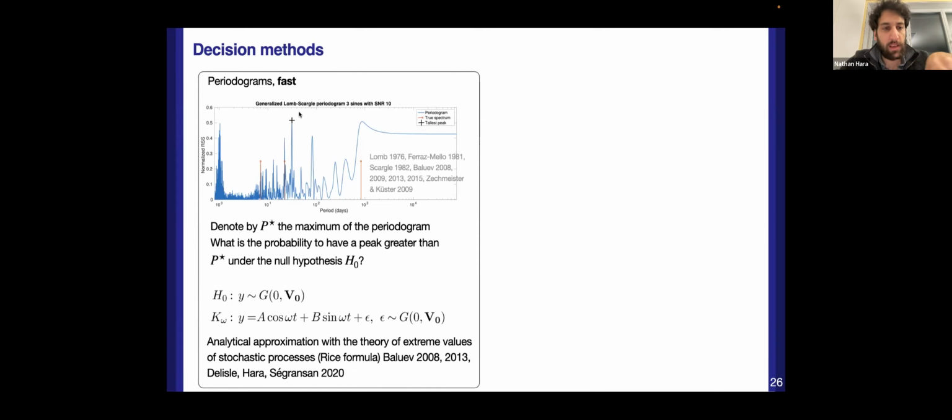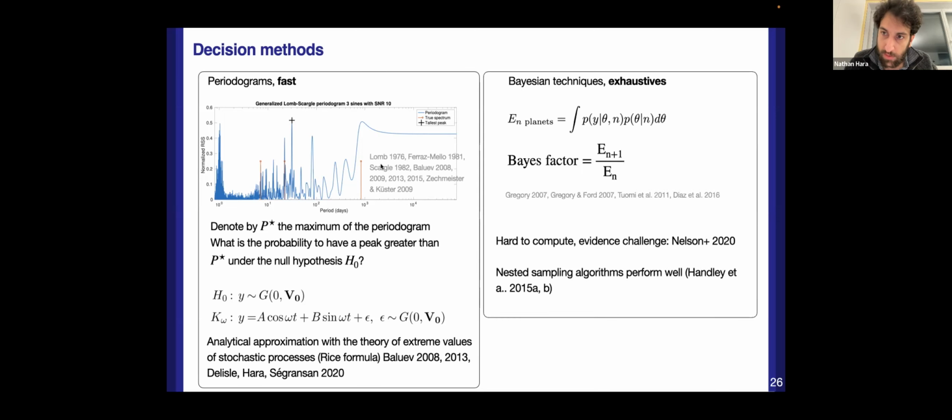But the problem is, here is an example where I injected 3 planets in red, and the maximum of the periodogram is not on any of these ones. It's because we searched 1 planet at a time. If we want to search for several planets at a time and have a more principled model comparison technique, we can compute the Bayes factor.